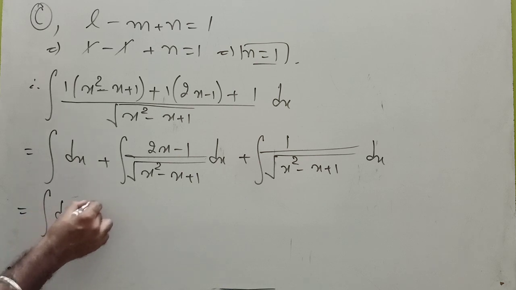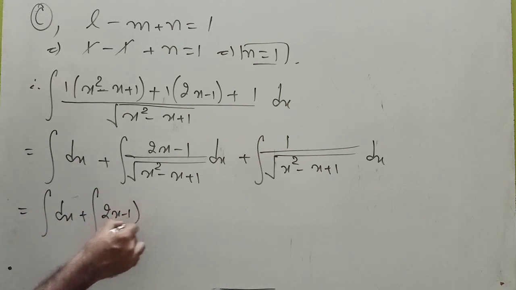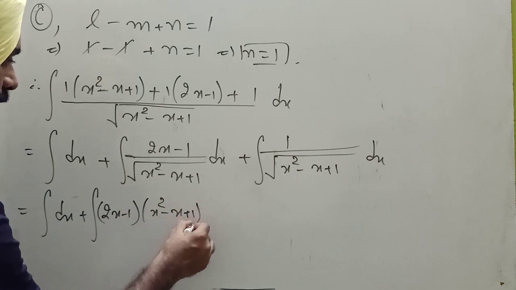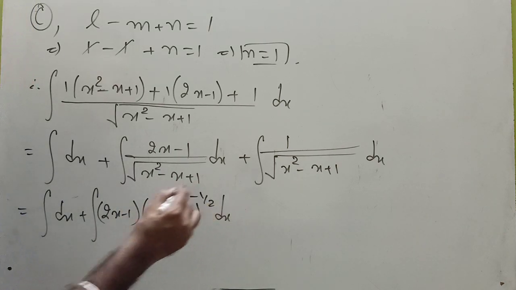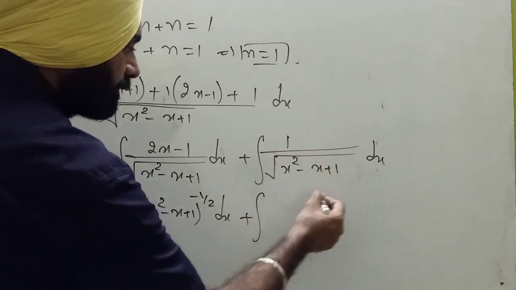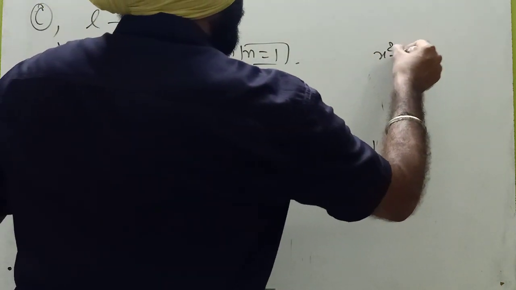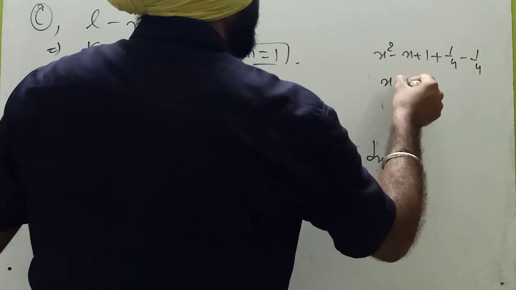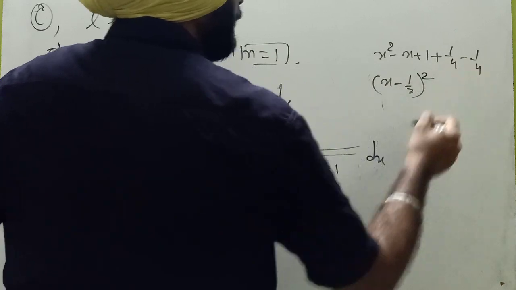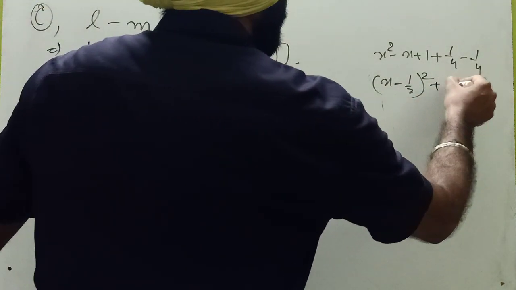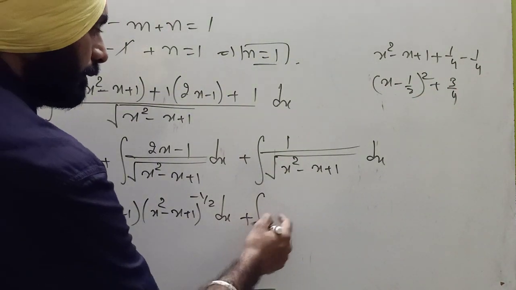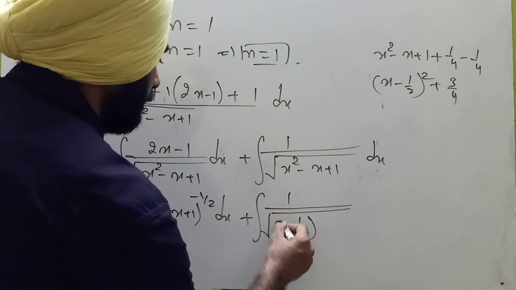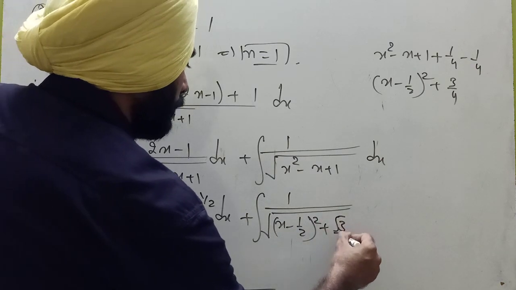Integral dx plus, this can be written as 2x minus 1, shift the power in the numerator, x square minus x plus 1 raised to power minus 1 by 2, plus, now complete this square. Again we will do in the rough work, plus 1 by 4 minus 1 by 4. So this is equal to x minus 1 by 2 the whole square. 1 minus 1 by 4 is 3 by 4. So after completing the square, this becomes x minus 1 by 2 whole square plus under root 3 by 2 whole square.